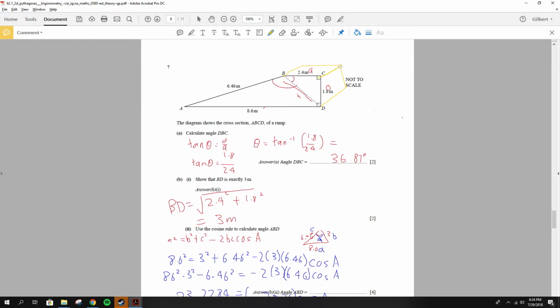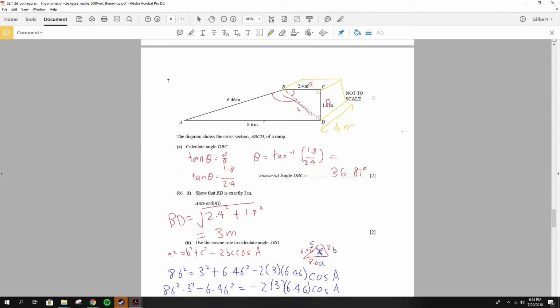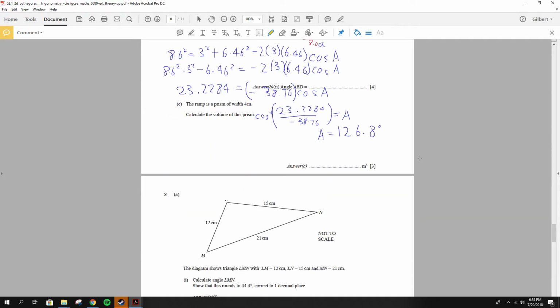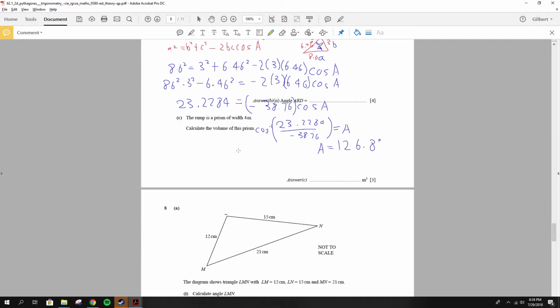They are telling you that this width here is 4 meters. Excuse my drawing.